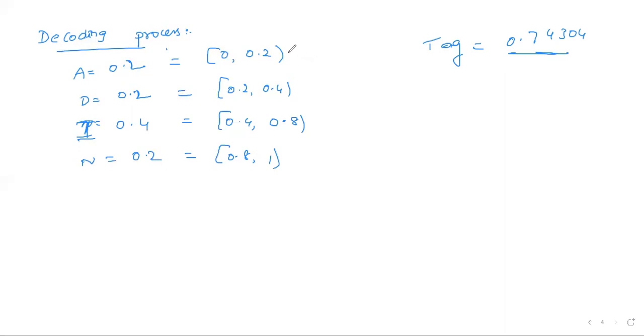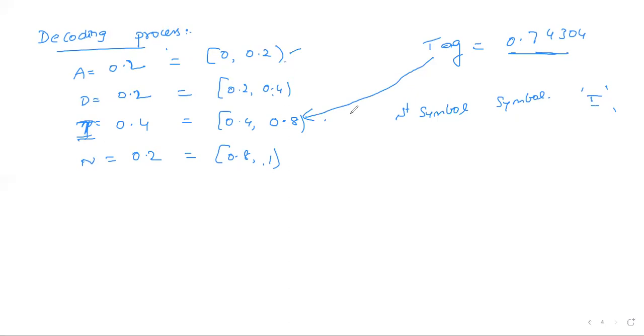See, observe here. Out of these four intervals, this tag belongs to this one. So the first symbol transmitted is I. Let us see now.